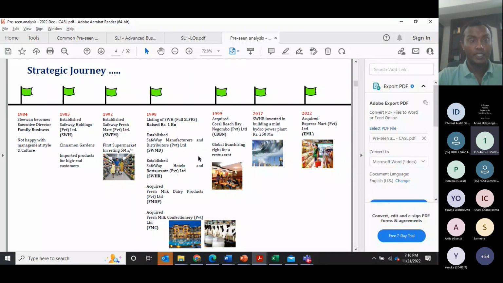Now look at the evolution of the case study. After 85, they started getting into Freshmart, the supermarket business. And then 98 is the key year where they wanted to list and then establish related businesses like manufacturing and distribution, the hotel chain which Indira is driving, and the fresh dairy products.